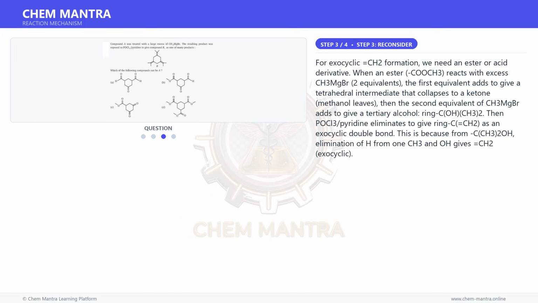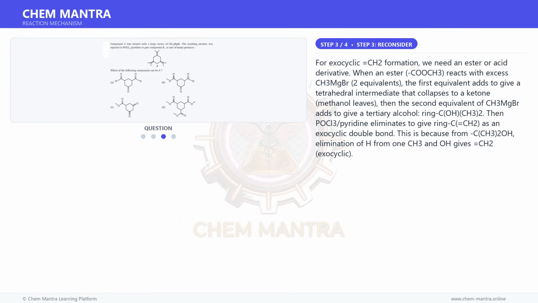For exocyclic =CH2 formation, we need an ester or acid derivative. When an ester, CO2CH3, reacts with excess CH3MgBr, two equivalents, the first equivalent adds to give a tetrahedral intermediate that collapses to a ketone, methanol leaves, then the second equivalent of CH3MgBr adds to give a tertiary alcohol, ring C(OH)(CH3)2.